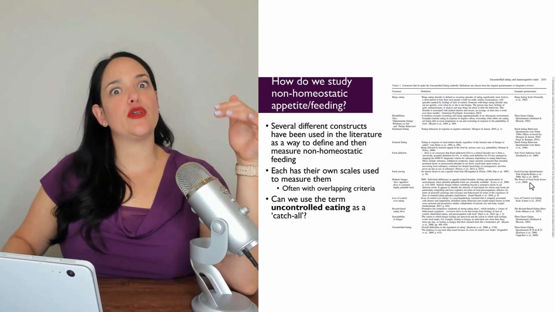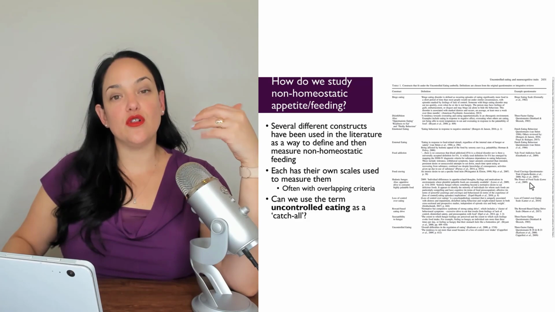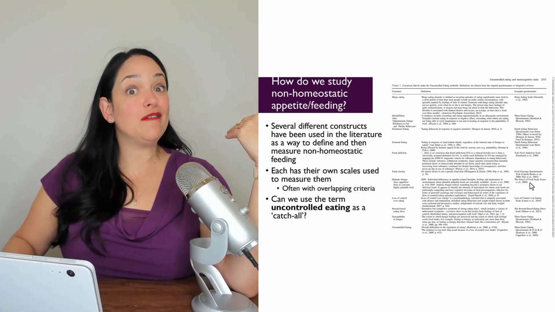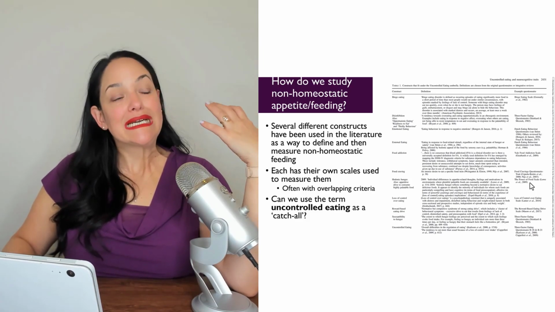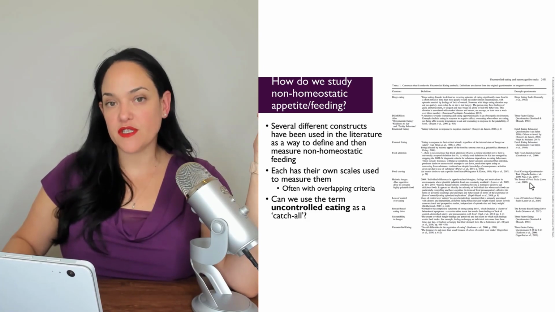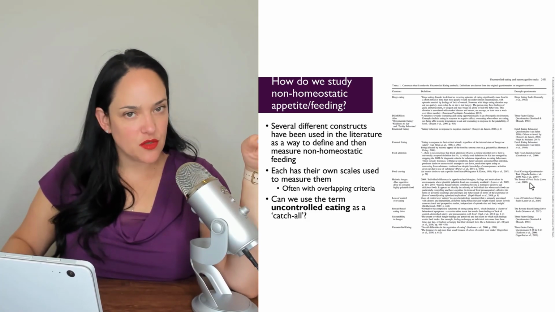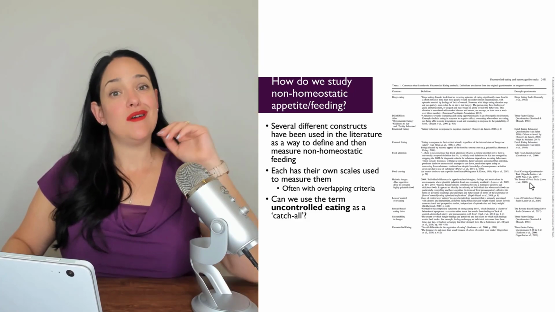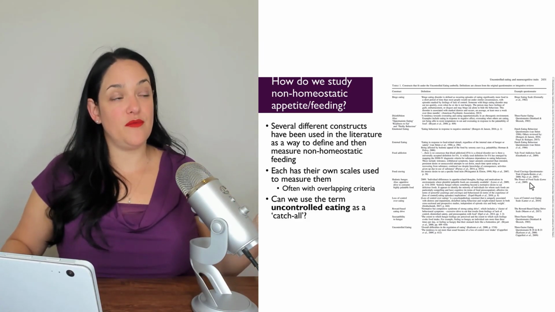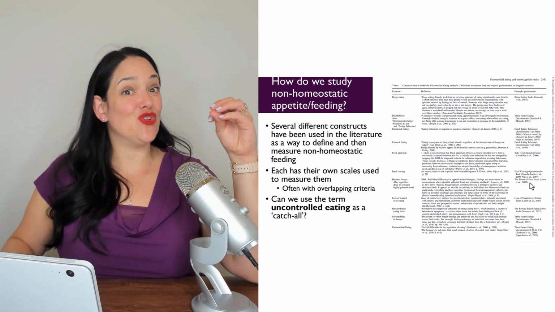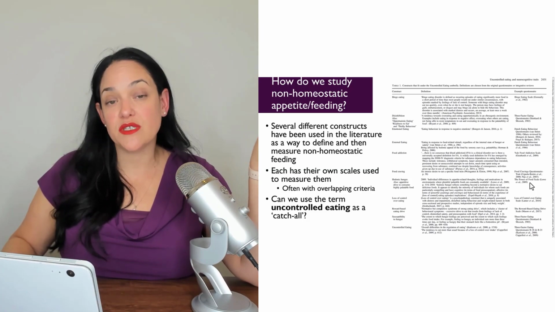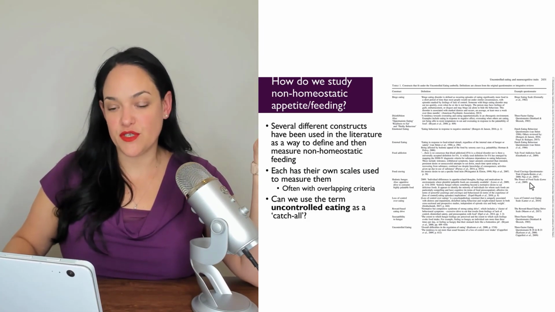But what we're going to argue in this unit is that there's a lot of things that affect how much control we actually have, and we might actually have less control over our eating behavior than we might have previously assumed. Okay, I'm not saying we don't have control over our eating behavior, because of course we do, but as we saw in the homeostatic appetite unit, there are a lot of things that can be different between individuals that can impact their desire to consume.